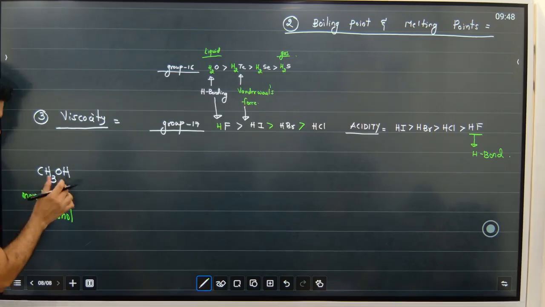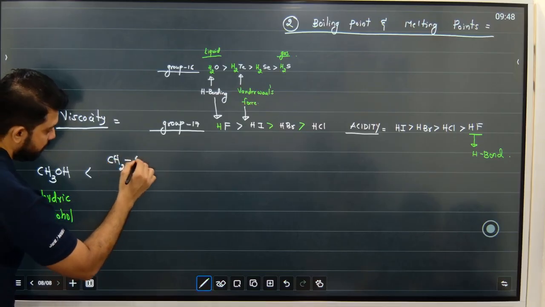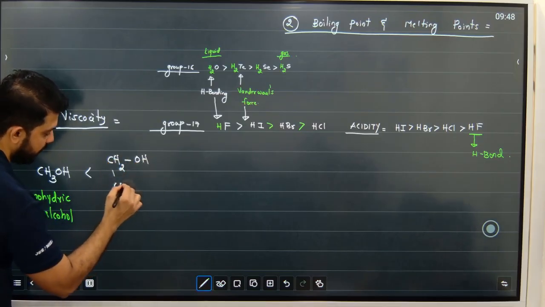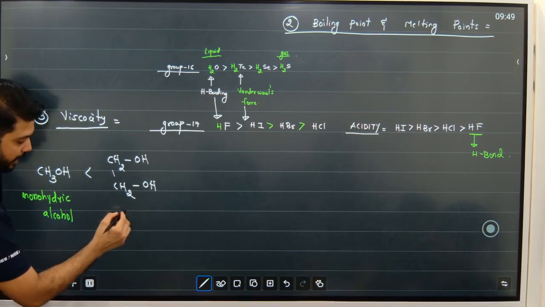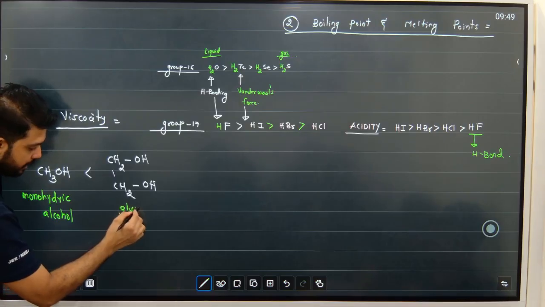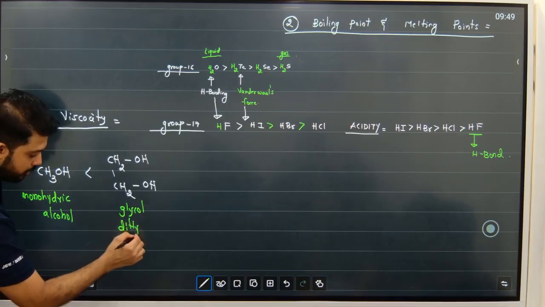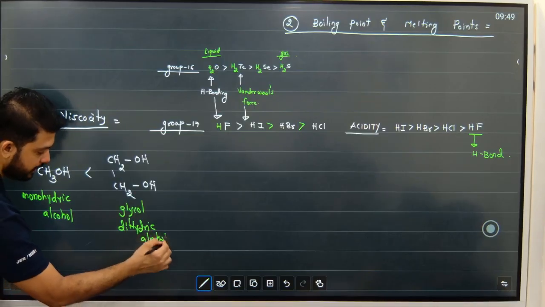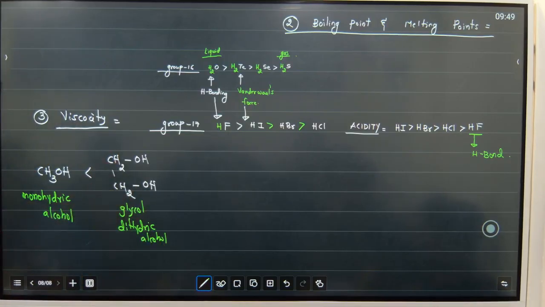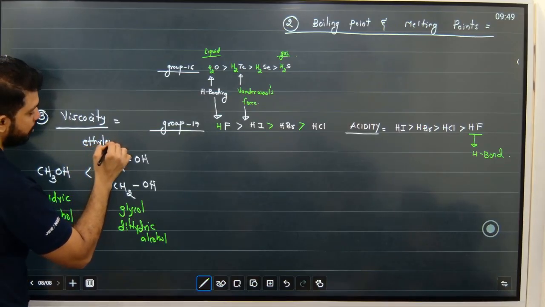Now if I consider methanol with two OH containing alcohol, इसका नाम है glycol, ethylene glycol, or this is called as a dihydric alcohol. It's called as dihydric because it contains two OH. I repeat, you can call it glycol or you can call it as ethylene glycol.